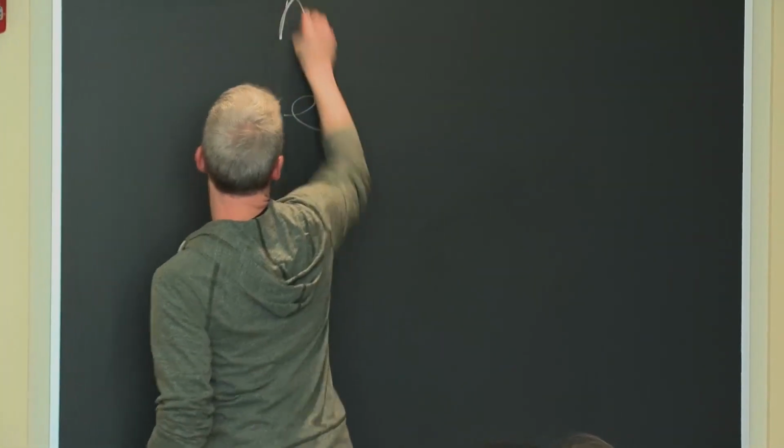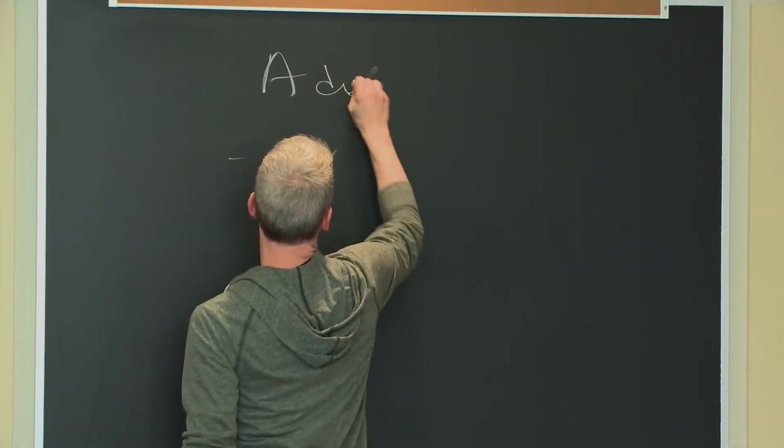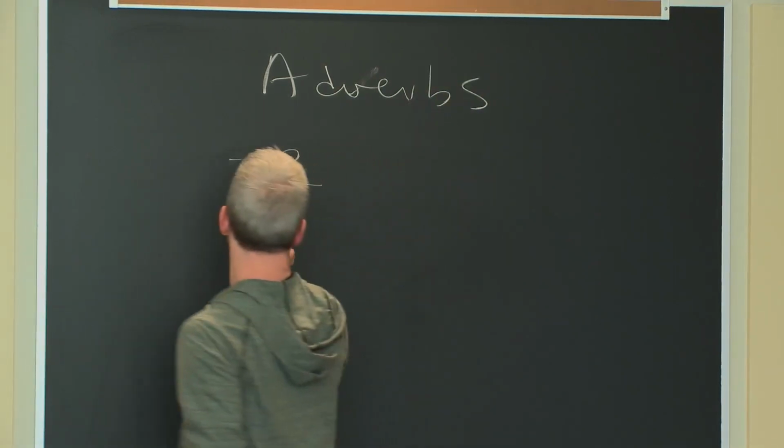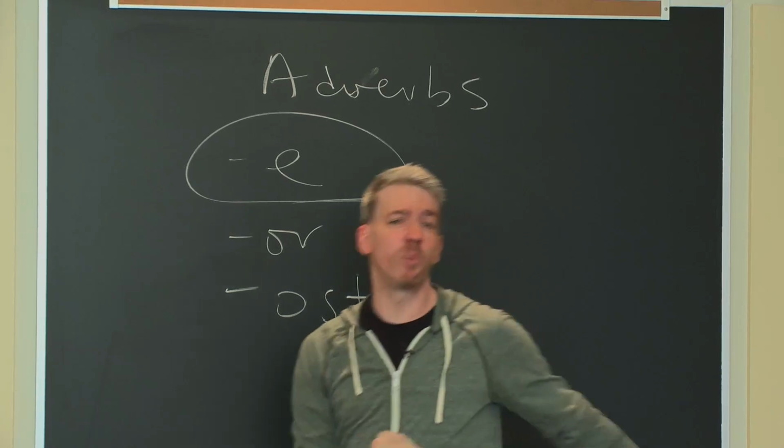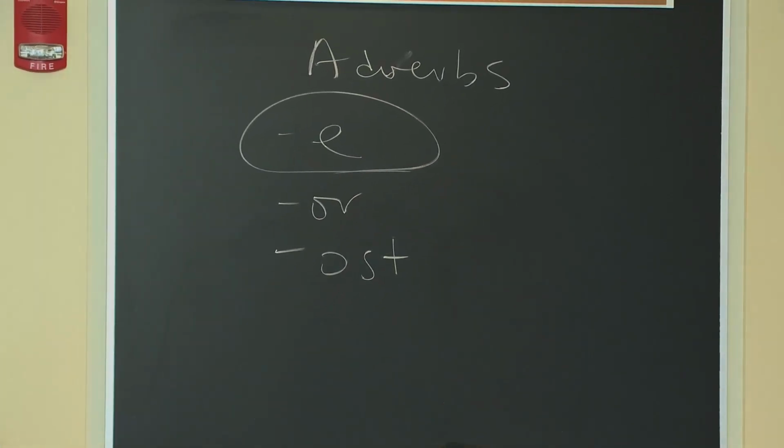One of the things that's challenging about adverbs is in fact the way that the adverbial form is made, namely by adding an E. So to make the regular plain old adverb, you add an E to the end.